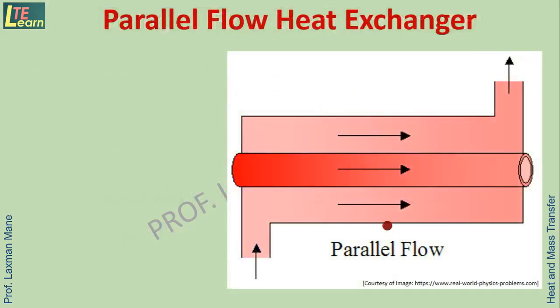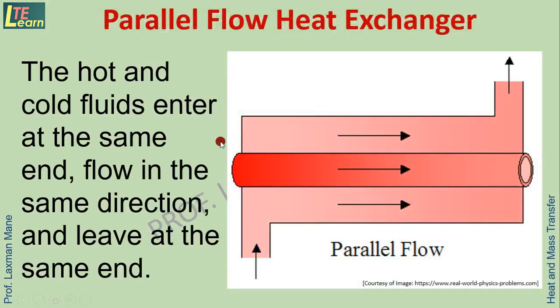In a parallel flow type heat exchanger, the hot and cold fluids enter at the same end and flow in the same direction. Here we see these are moving parallel with each other, and these fluids leave at the same end.